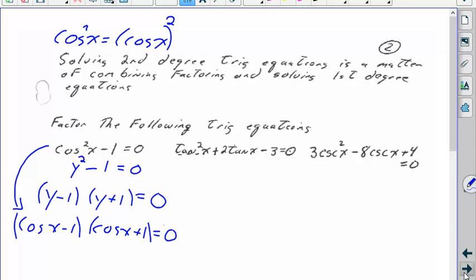Again, this one here can be thought of as y squared plus 2y minus 3. I replace my tangents with y. Two numbers that multiply to -3 and add to +2. Those are y plus 3, y minus 1.